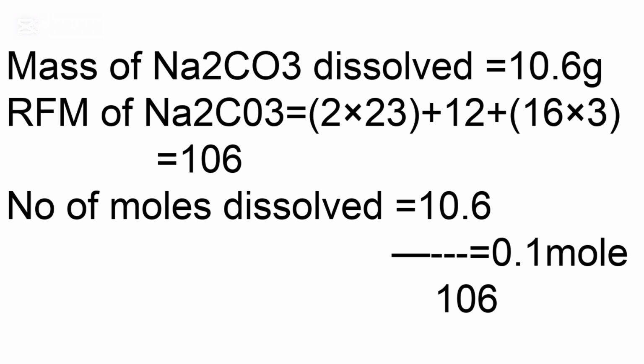So that gives us the RFM of sodium carbonate to be 106. Now for us to be able to get the number of moles, we shall take the mass that was dissolved, which is 10.6 grams, divided by the RFM, which is 106. And that gives us 0.1 mole.